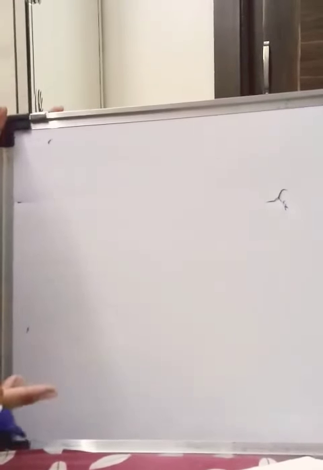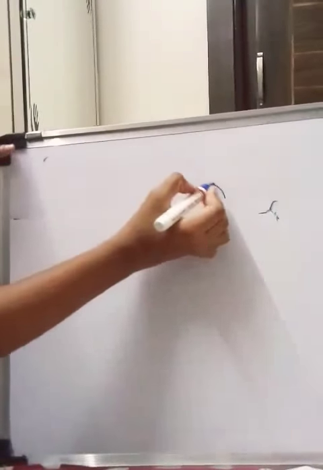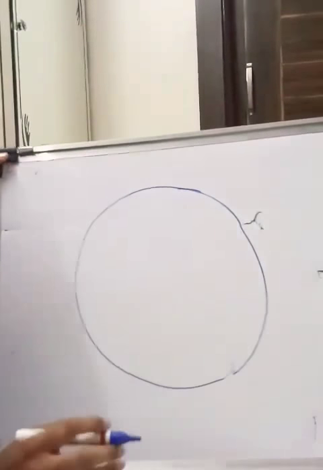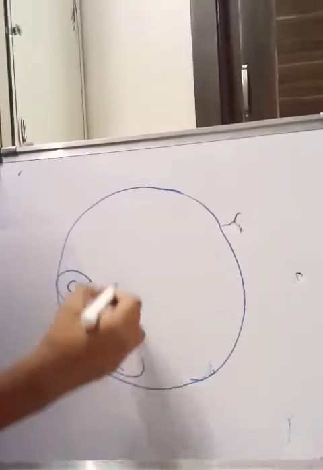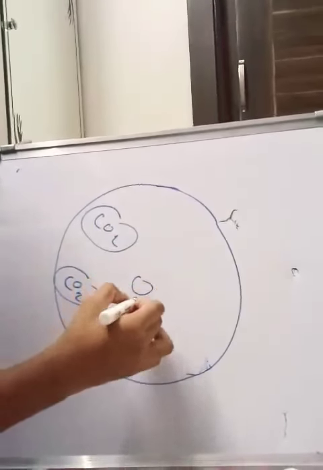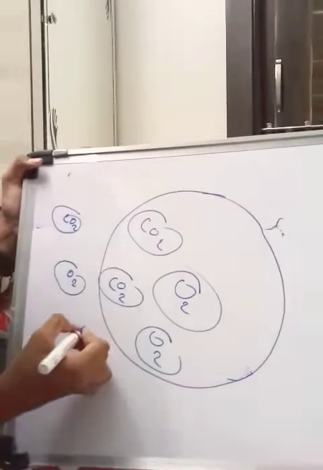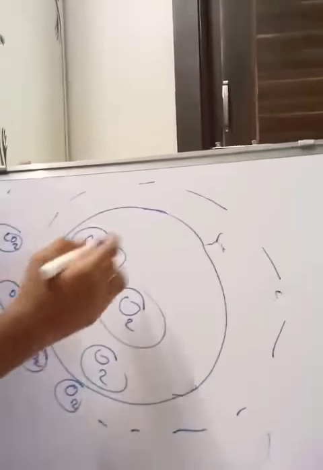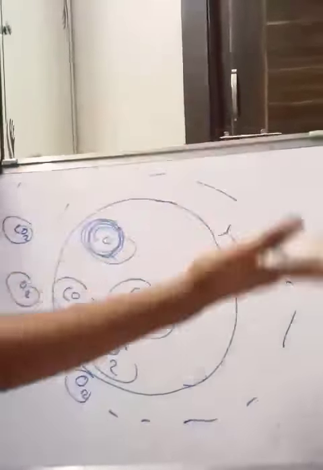Then a question comes: how does the movement of substances take place into and out of a cell? Imagine that this is a cell. Inside there are CO2 and oxygen, and outside also CO2 and oxygen are present. Inside, CO2 is an excretory substance that should be moved out of the cell.